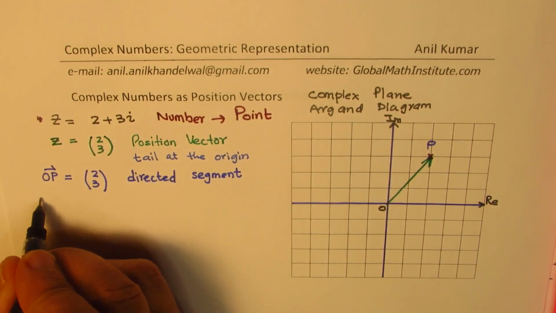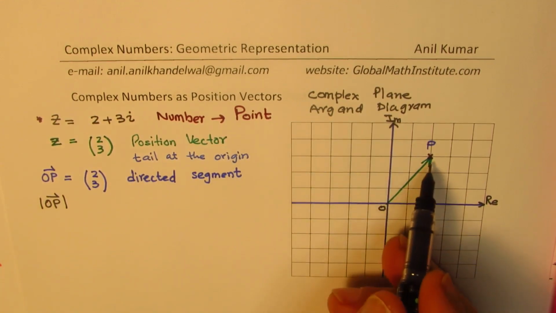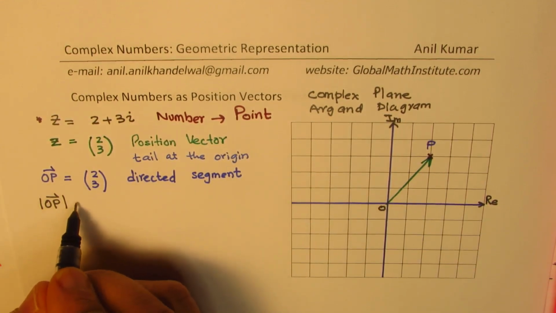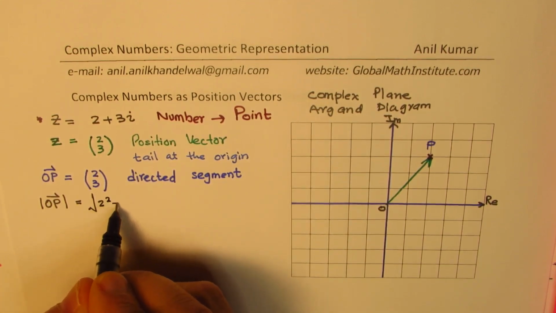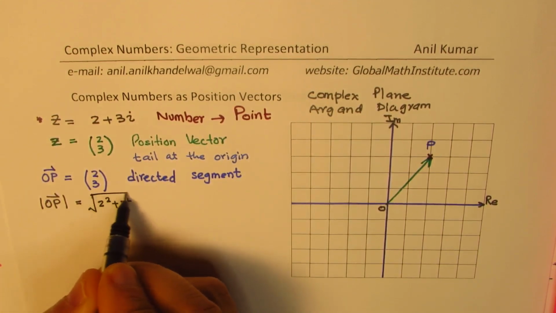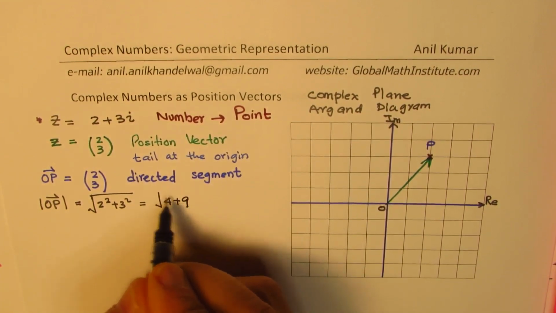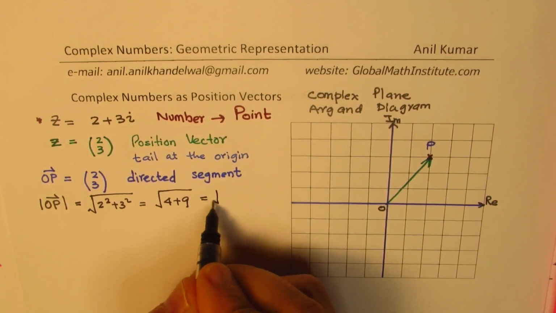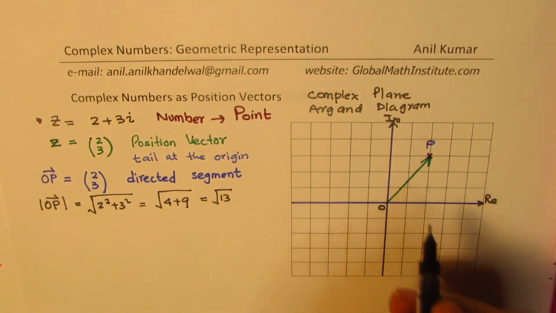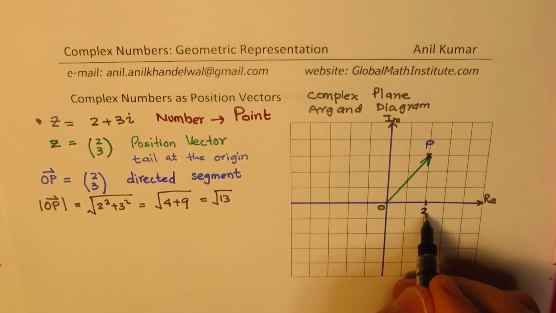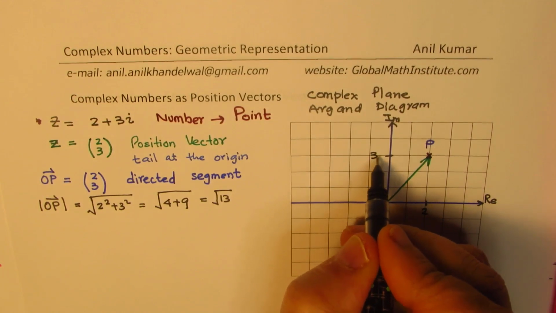The magnitude of this vector OP is given by the length, and in this case it is the square root of 2 squared plus 3 squared, which is the square root of 4 plus 9, or the square root of 13. So this length will be the square root of 13, which represents the directed vector OP.